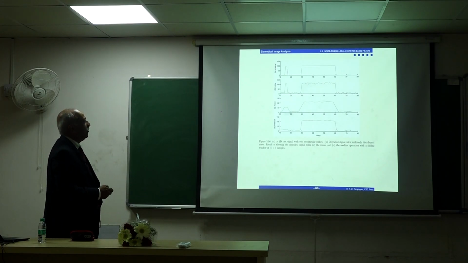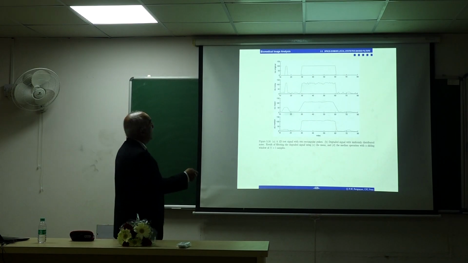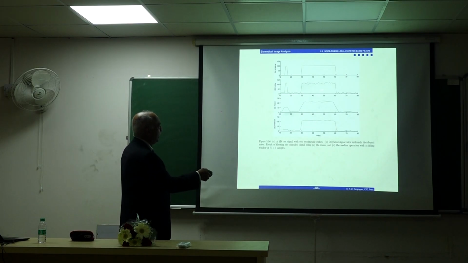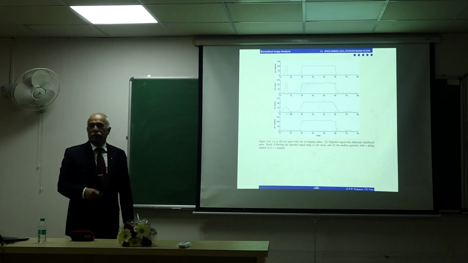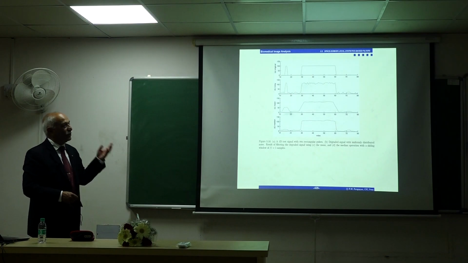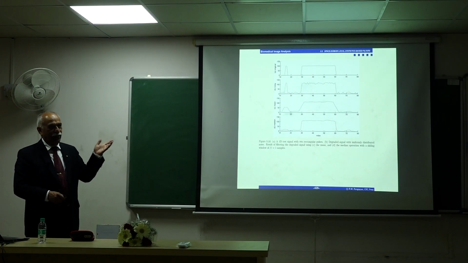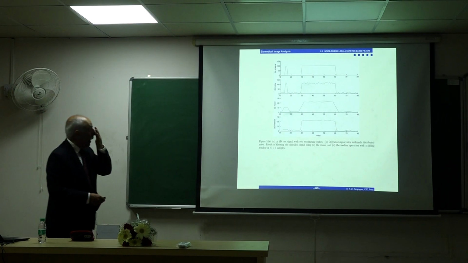But here we have uniformly distributed noise. The original, I added a small rectangle and a big rectangle, with uniformly distributed noise added here. The mean filter and the median. The median filter has suppressed this small pulse. Was that a pulse of interest or was that noise? I cannot tell.